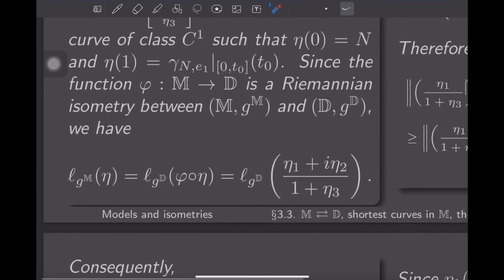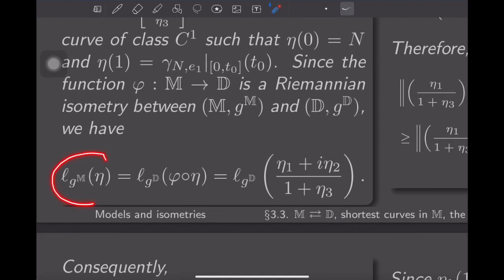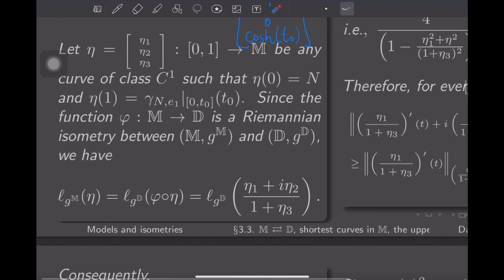Which is what I'm saying here, right? The length of my curve eta, that is a curve in the hyperboloid, is equal to the length of its image under phi. So what's its image under phi? Notice, it's a curve in the hyperboloid, so I don't know, it's some curve there.